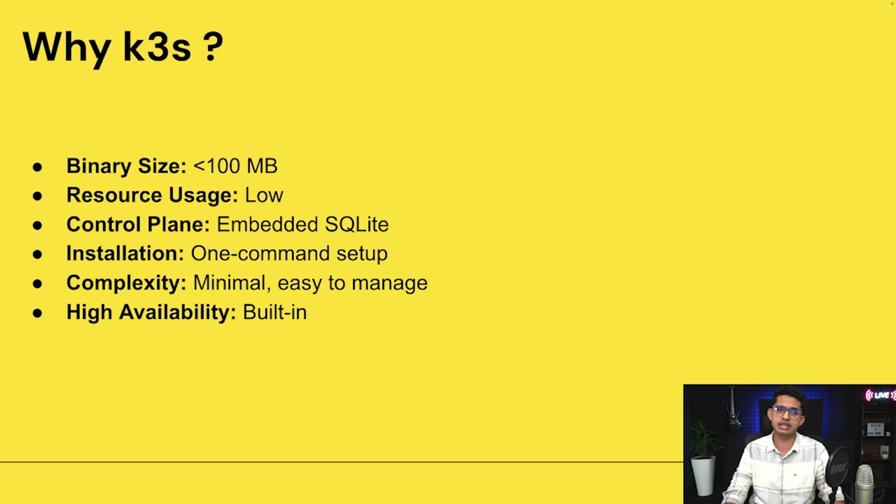It installs all the dependencies and sets up the master node, and also gives you a token which you can add to your worker nodes, making them agents to your K3s cluster. Also, the uninstallation process is a one command setup. And once the cluster is set up, you can use the kubectl command line tool and get started with your Kubernetes architecture.